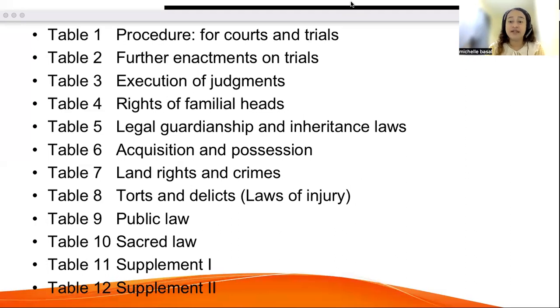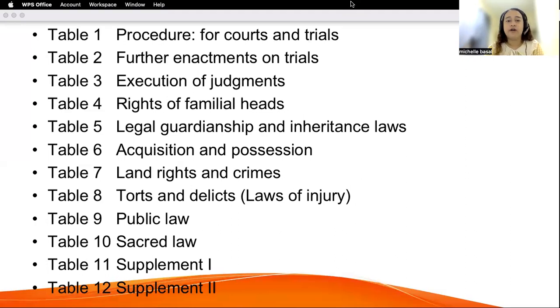Here, there was already a specific procedure on how things were litigated. Then there are the rights of familial heads, legal guardianship, and inheritance laws, acquisition and possession, like land rights, and crimes.